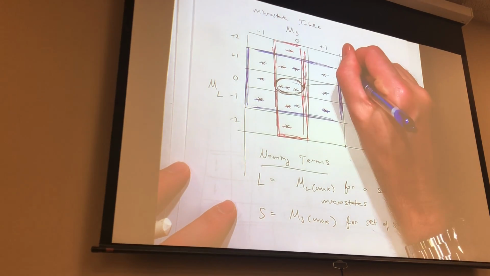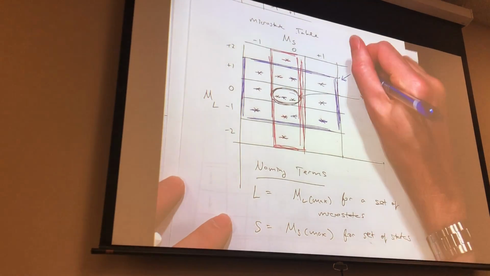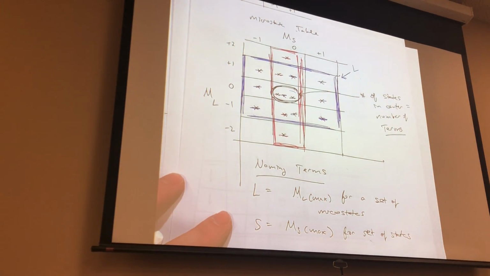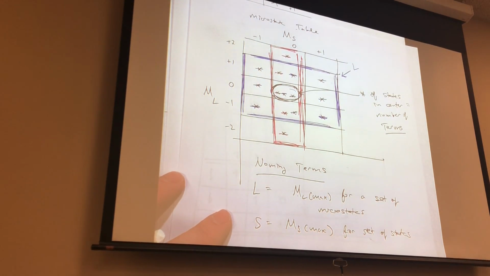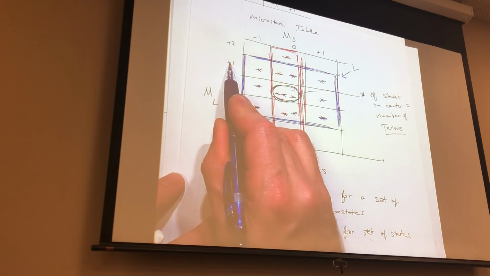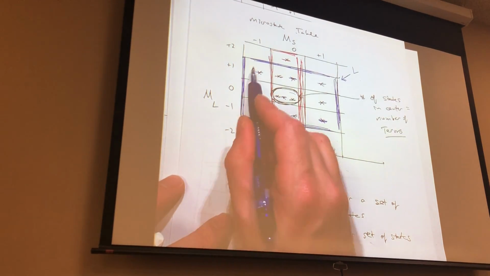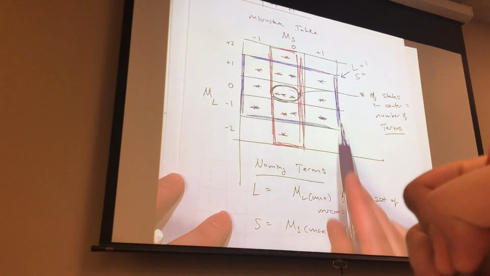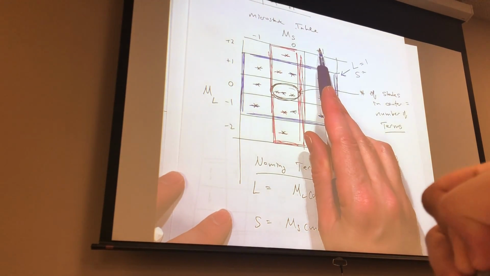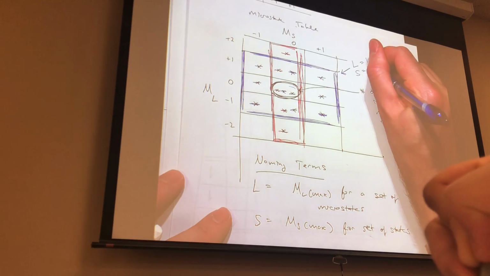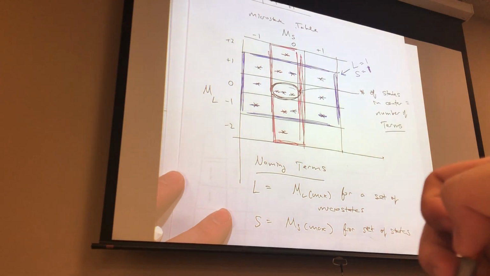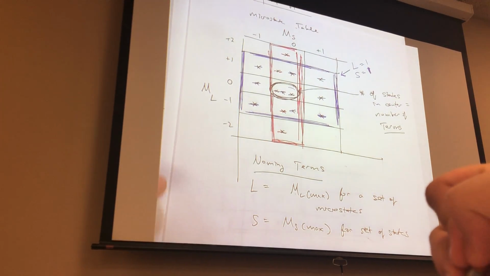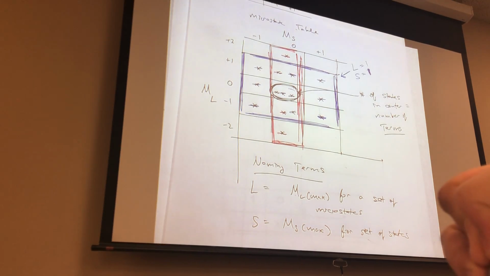So for this big blue box here, what is L? You look at the top box, the highest value you have on this axis for that set. And what is S? Look on the M sub S line, what's the possible maximum value? 3, or I'm sorry, 1. So L is 1 and S is 1.